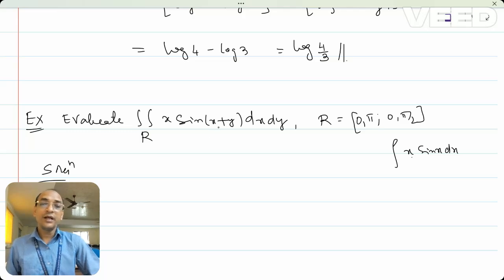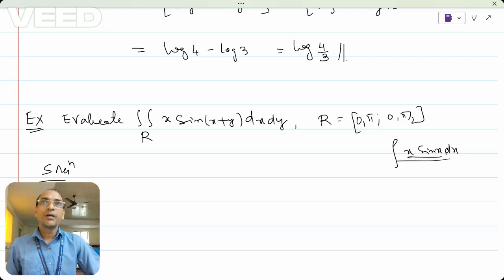So if I take first integration with respect to x, at the first step itself I have to use the by parts method, which will make it difficult. It is not that you will not get it, but it will be time consuming and complicated. So in order to avoid the complication, you have to cleverly select the inner and outer integral.